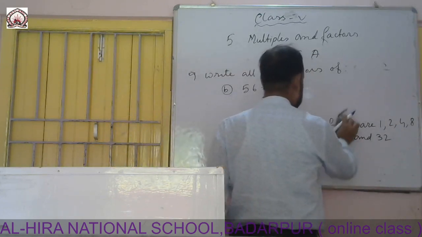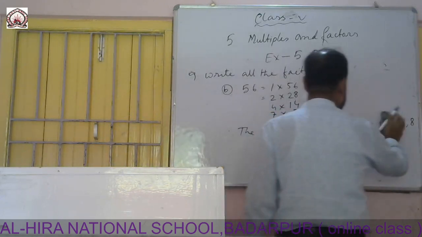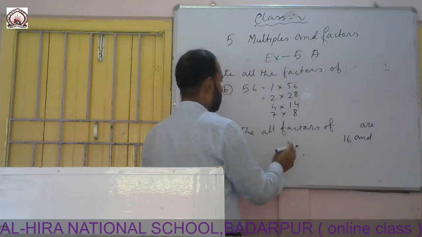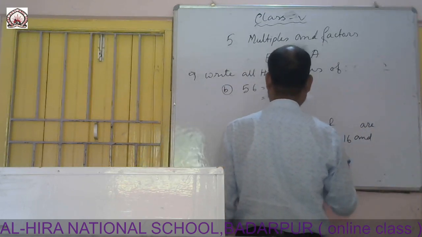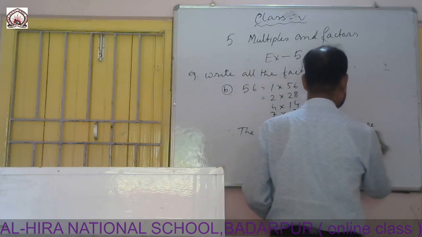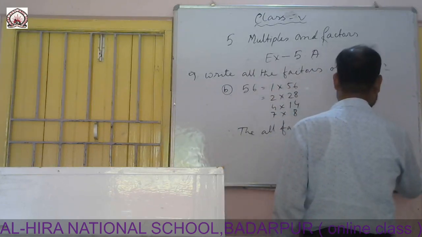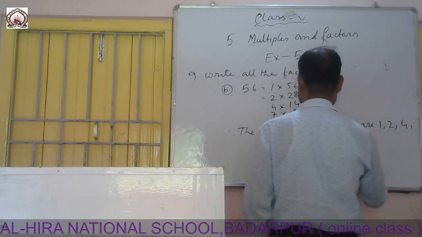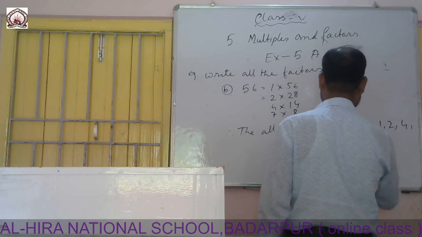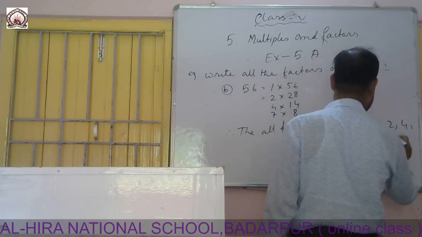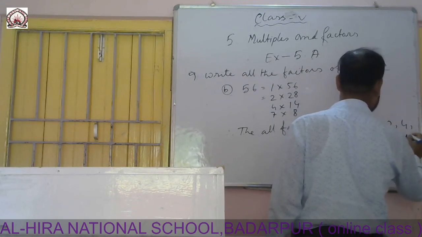Now all the factors of 56 are 1, 2, 4, 7, 8, 14, 28 and 56.